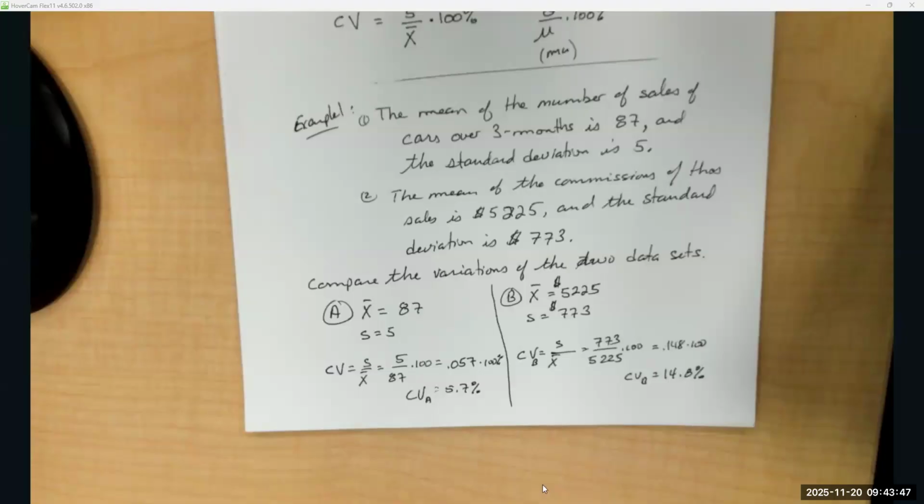So what does that tell us? Remember, this is the coefficient of variability. Since this number is bigger, it tells us that this data set has more variation. That's all it tells us. It can't tell us how much bigger it is than anybody else or less than anybody else.